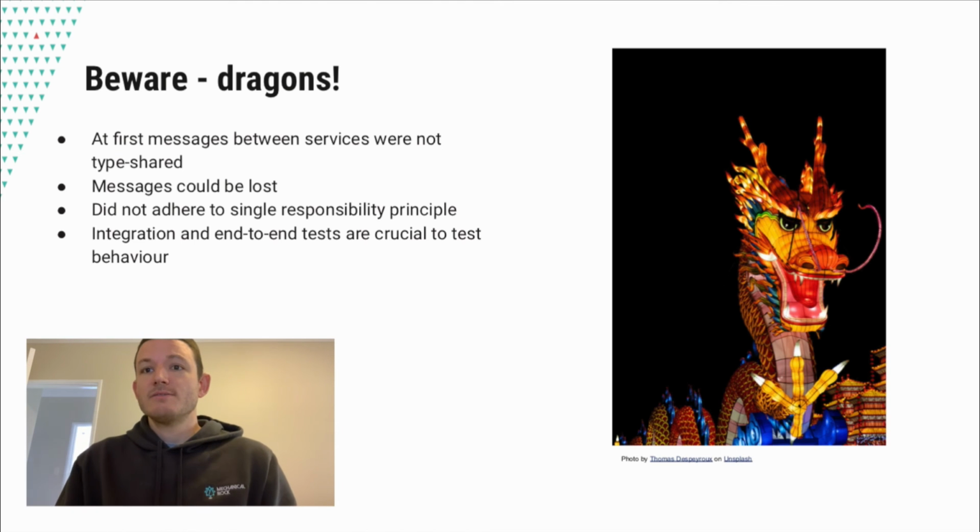Messages could be lost. As you saw in the previous diagram, the SNS topic could post a message to SQS, and then if the consuming Lambda of that queue was unable to process the message, it just disappeared. It couldn't do anything.